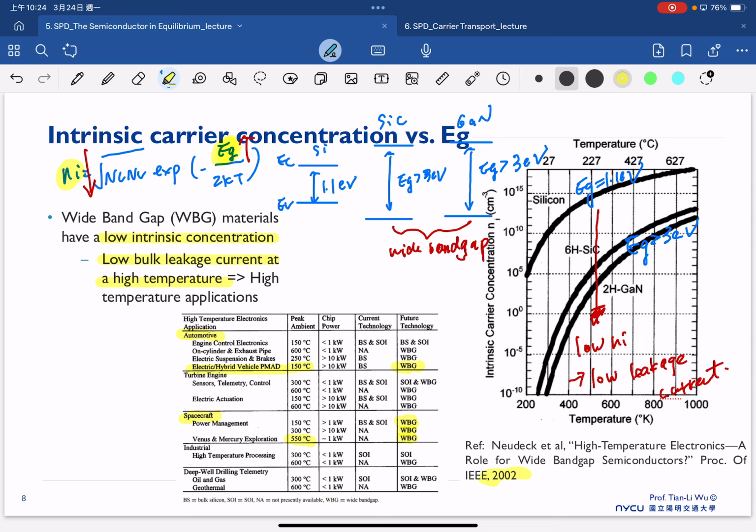Now it's 2025, and this prediction is true, because you can see the Tesla electric vehicle on the road. They already have a silicon carbide based inverter.